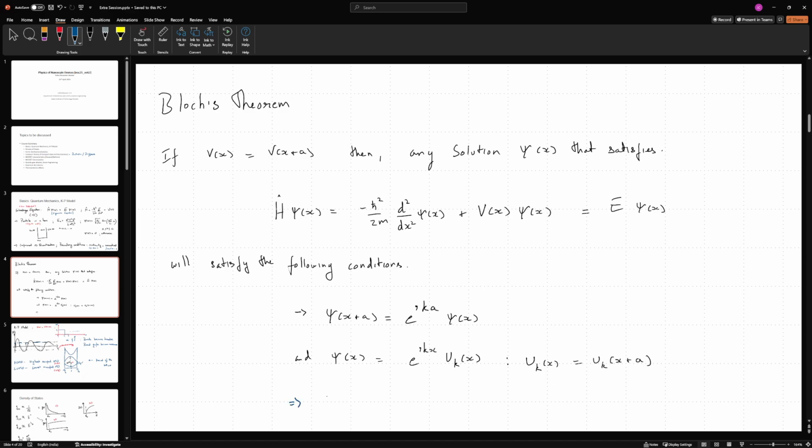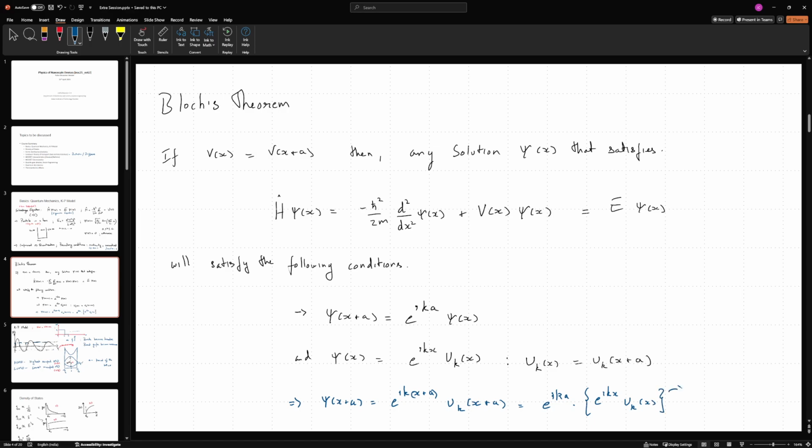This implies psi of x plus a is equal to e to the power i k (x plus a) times u_k of x plus a, which, since u_k of x plus a is equal to u_k of x, is going to become e to the power i k a times e to the power i k x u_k of x.